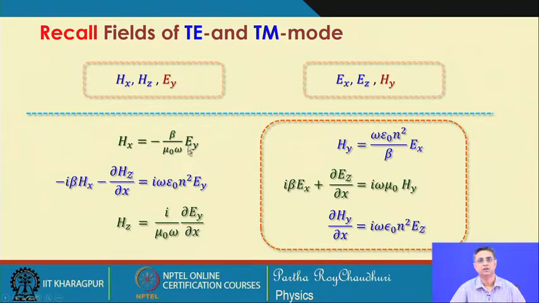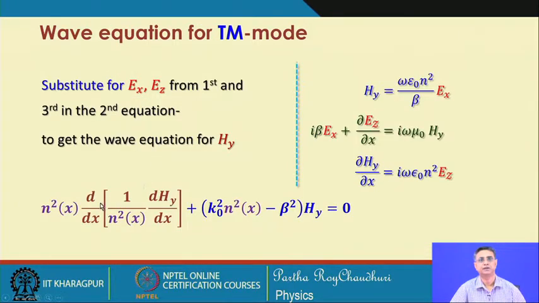That means all the tangential components of the electric field for this mode are in turn connected to Hx and Hz. Likewise for the TM modes we have a similar relation, where Hy is connected to Ex and Ez, and from there we can organize the wave equation for Hy, Ex or Ez. We will look at the wave equation for Hy in this context.